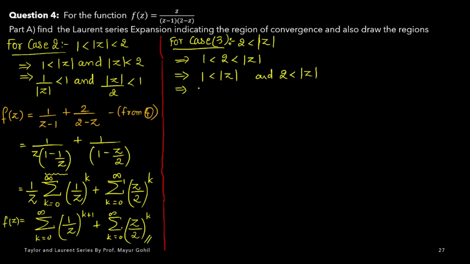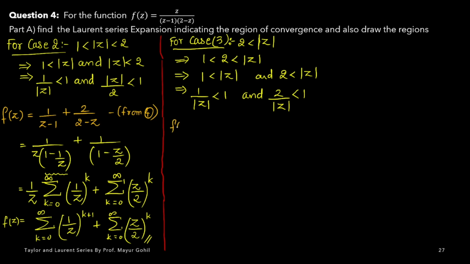So this means that 1 upon mod z is less than 1 and 2 upon mod z is less than 1. Now these terms we have to establish inside the partial fraction without the mod sign. So let us see how to establish it inside the partial fraction.